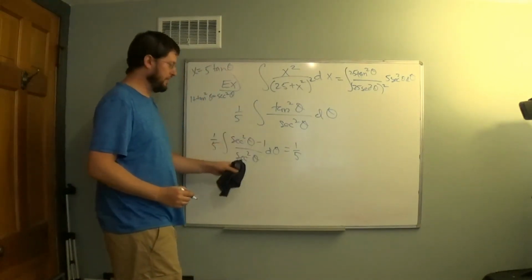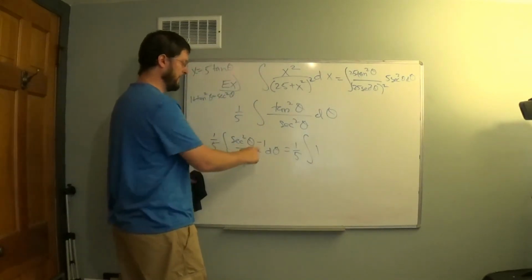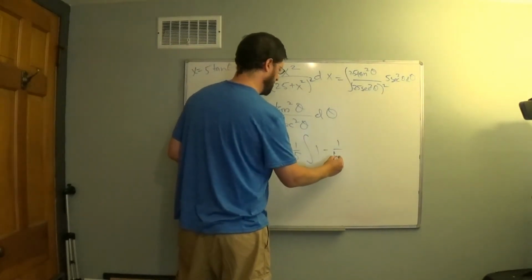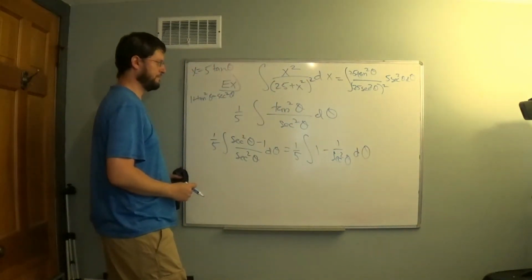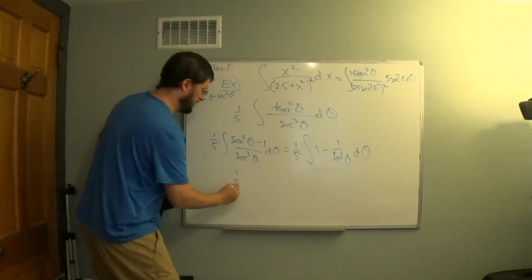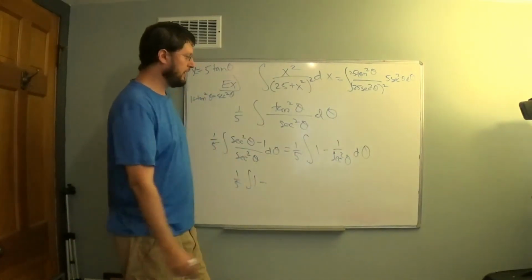Break this up into 2 different integrals. The first one is secant squared over secant squared, which is 1. The second is 1 over secant squared. So that's 1/5 the integral of 1 minus 1 over secant squared, which is cosine squared.